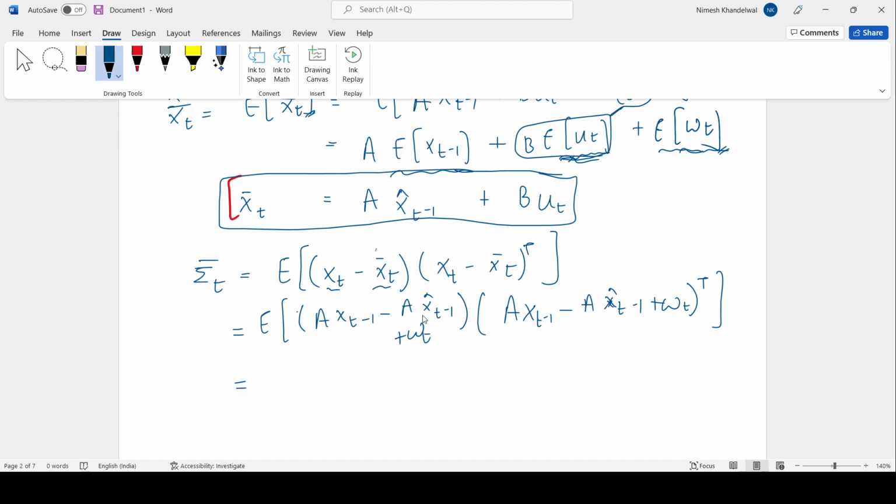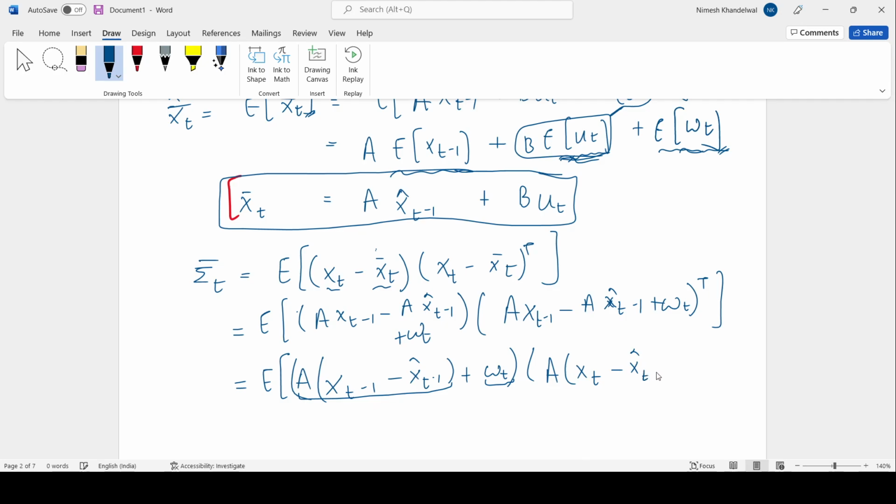Now if you just multiply everything and open it, let me write one more step. We can write it like this: A times (x_{t-1} minus x hat_{t-1}) plus w_t. Since you have two terms, this is the first term and this is the second term in each bracket.